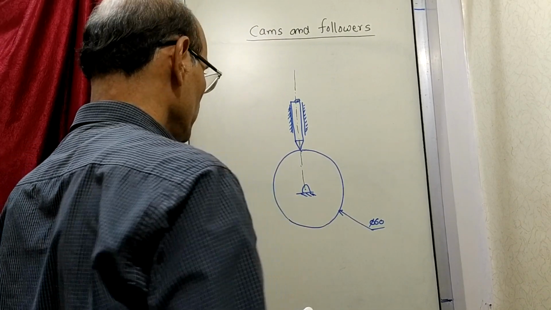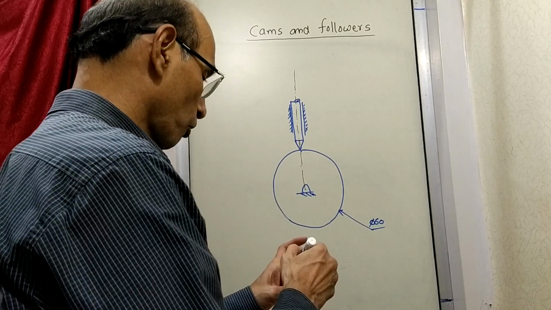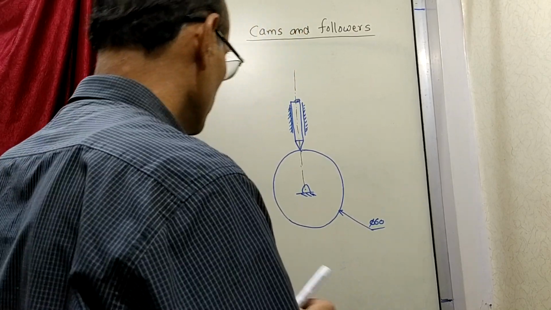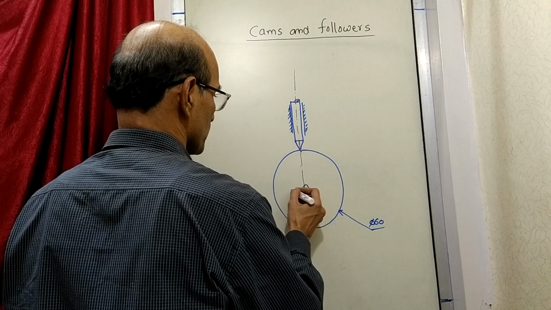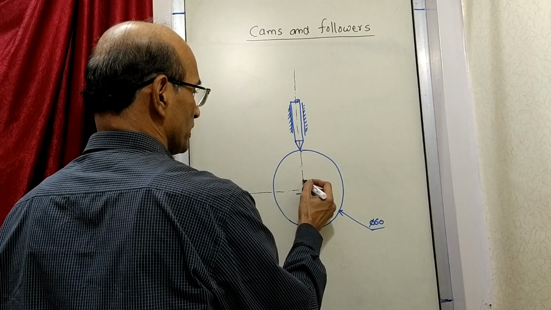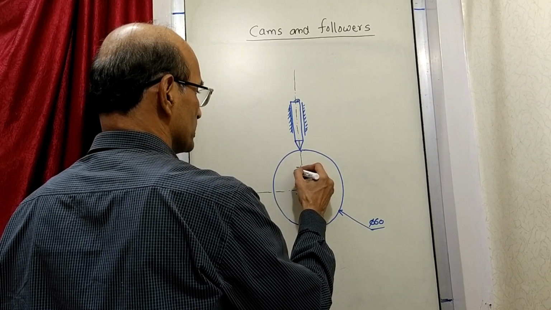Now the data says that for the first 90 degrees, this much, this is going to be theta rise.